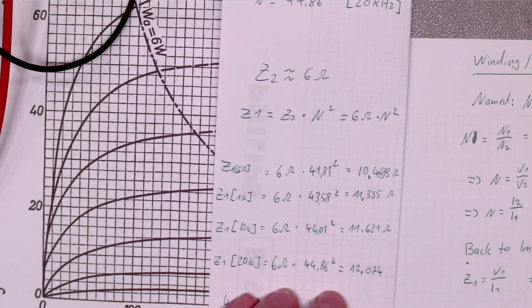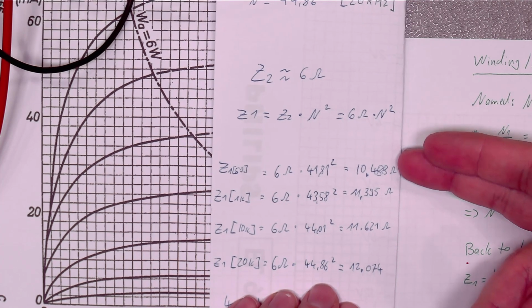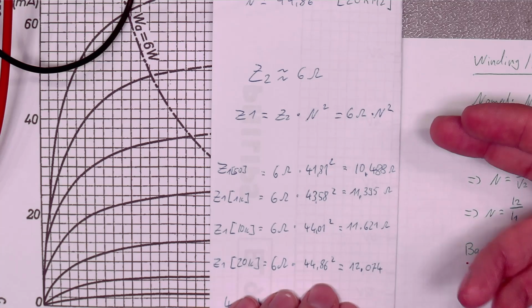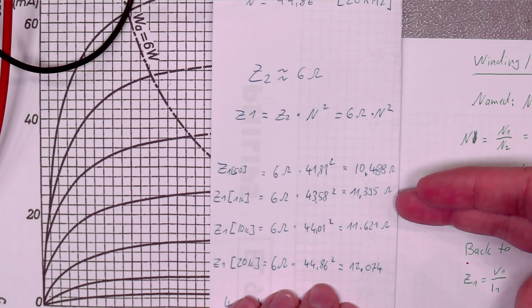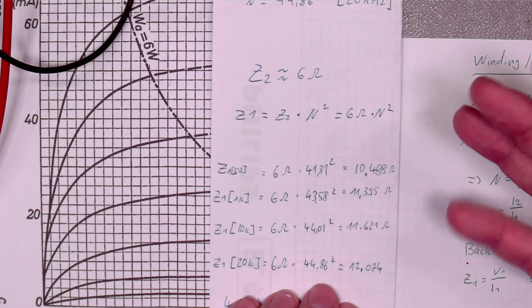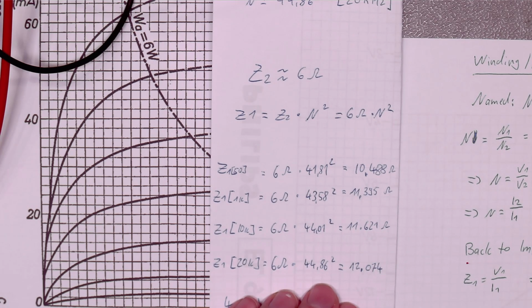And here I calculated all these values for the 4 frequencies we used. For 50 Hz we get a primary impedance of around 10.5 kilo ohms, and the other 3 are around 11.5 to 12 kilo ohms. So I think we can say that if we use this transformer for a 6 ohm speaker, it would be good to calculate with around 11.5 kilo ohms for the primary impedance.